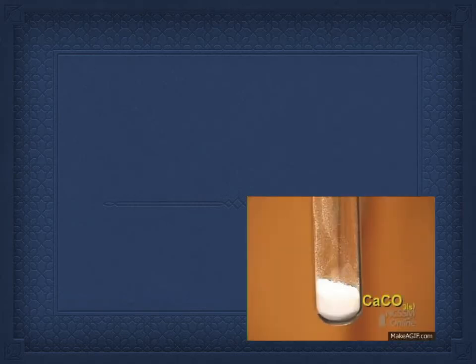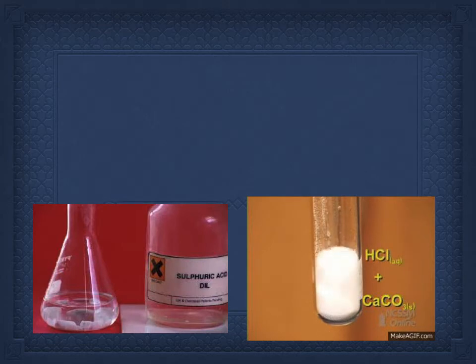We observe that dilute HCl reacts slowly with calcium carbonate and thereby calcium carbonate disappears slowly and carbon dioxide gas liberates slowly. With concentrated hydrochloric acid, the reaction takes place rapidly and calcium carbonate disappears fast. So, concentrated acid reacts faster than dilute acid.